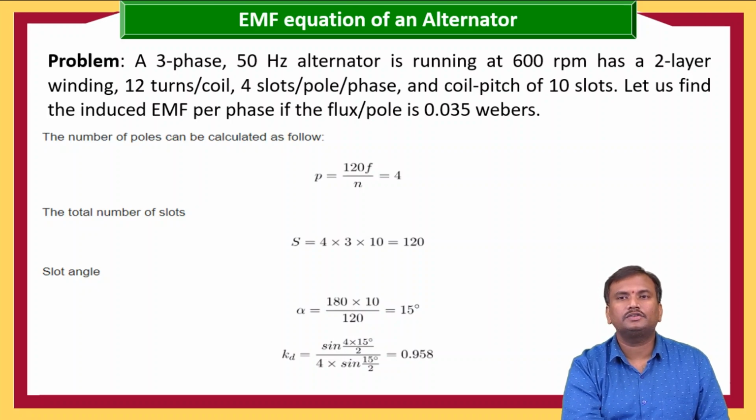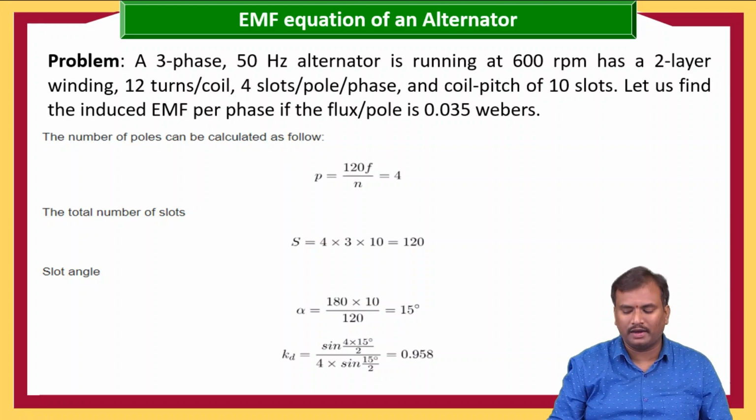Where Kd is equal to sin m alpha by 2 by m sin alpha by 2. Here m, slots per pole per phase, is given as 4. Sin 4 into 15 by 2 divided by 4 into sin 15 by 2, which we are going to get as 0.958. This is the Kd value.